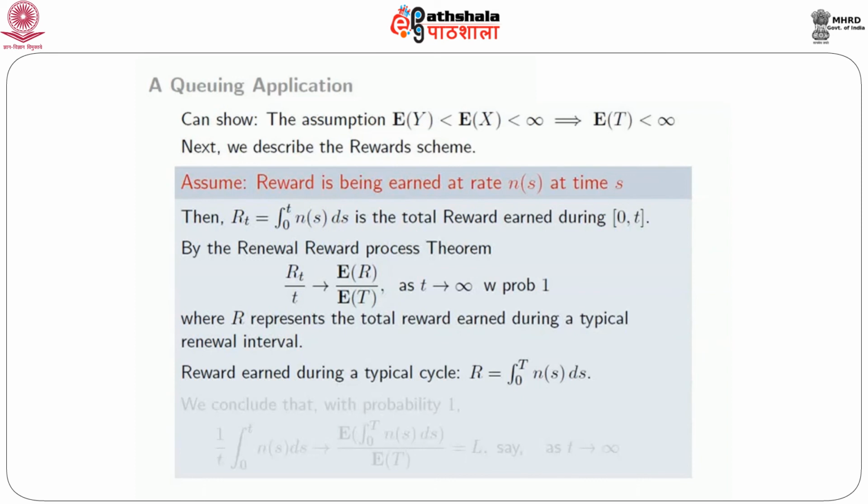Reward earned during a typical cycle is of course r, which is the integral from 0 to capital T of n(s) ds, because capital T is the length of a typical cycle.